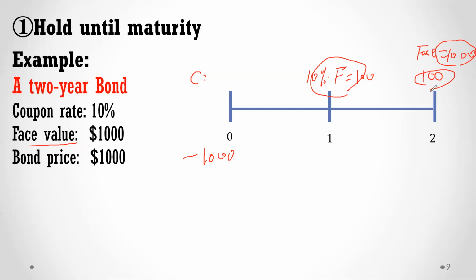So what is the bond yield, or what is the realized return of this bond? If you hold this bond until maturity, you can simply write down something like this.